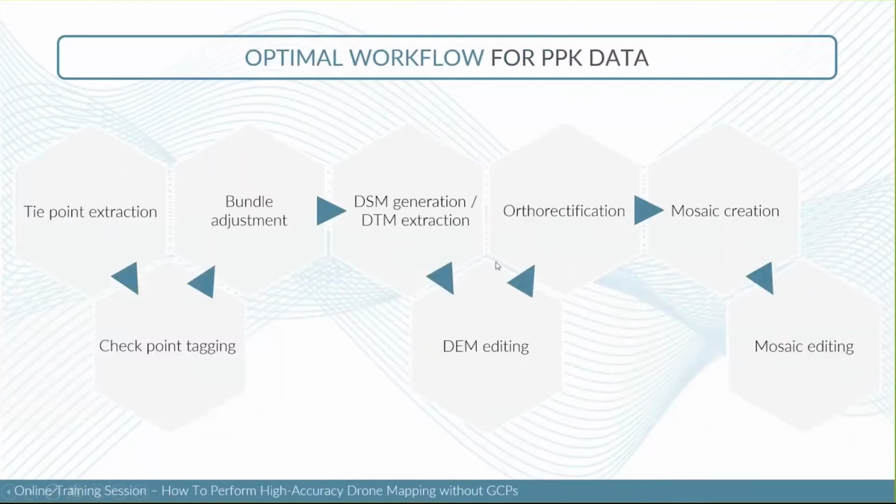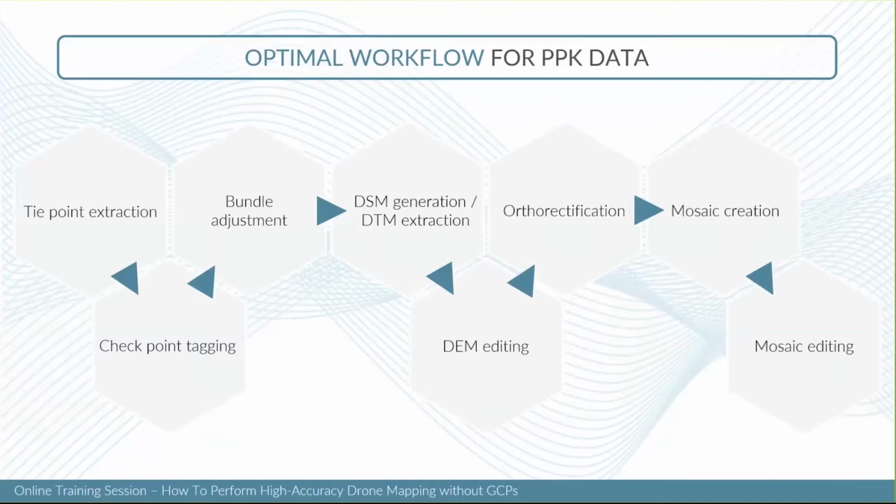So the optimal workflow for processing PPK UAV data is quite simple. Once your project is created, you will have to extract the tie points between your images. The software will try to find common features between all your images to build one big block of images, in order to then match those images to generate elevation data and ortho photos.